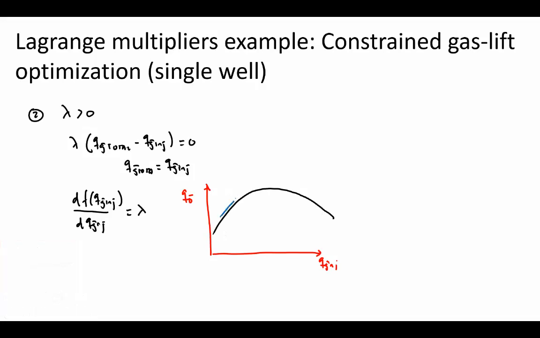I'm going to be here because here is positive, here is 0, and then here it becomes negative. So if the Q gas total available is here, then I have to be exactly at the constraint.